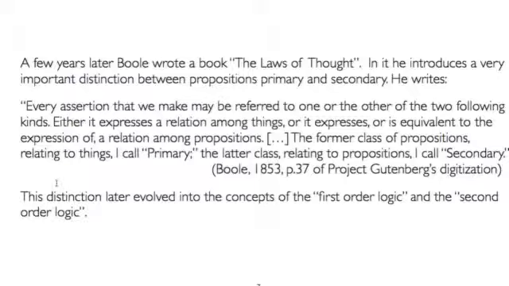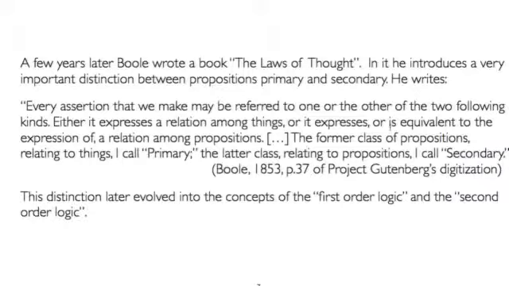And he says that every assertion that we make may be referred to one or the other of the following kinds. Either it expresses a relation among things, or it expresses or is equivalent to the expression of a relation among propositions.